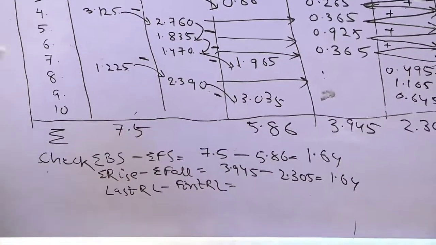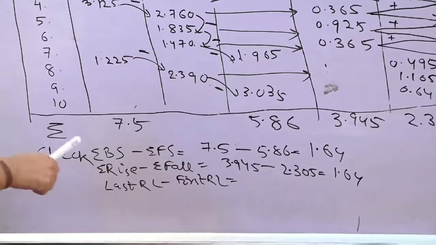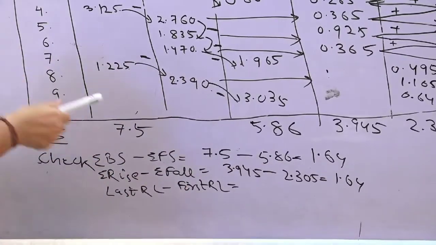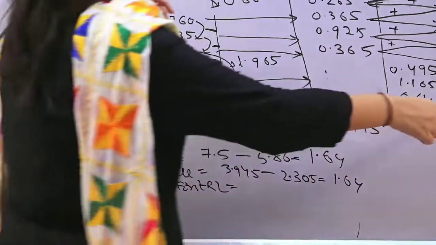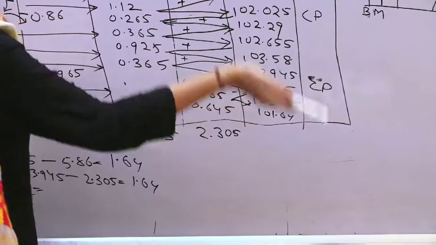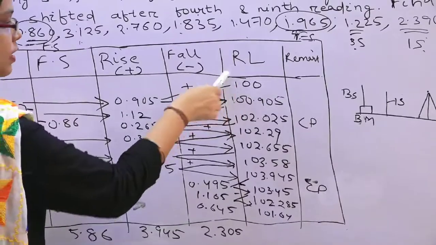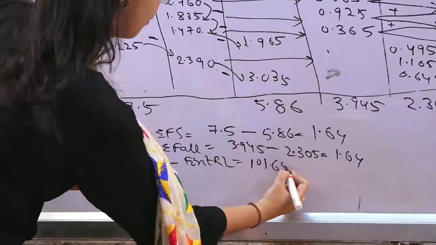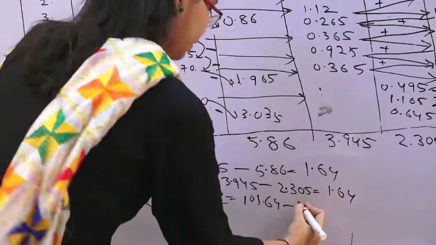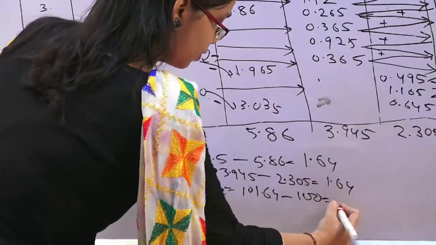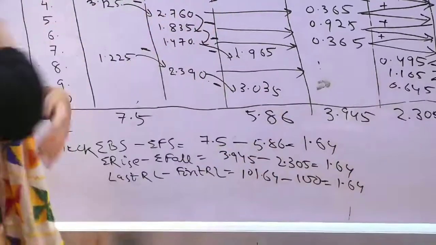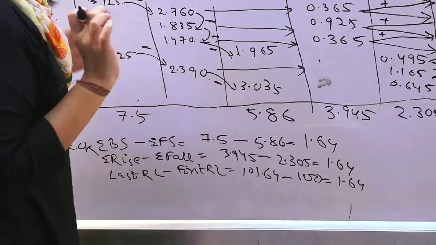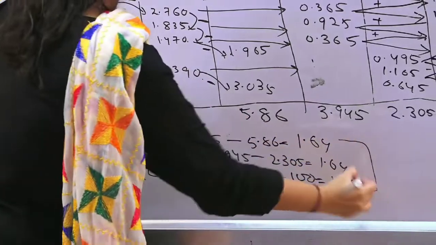And lastly we check the last reduced level minus the first reduced level. The last reduced level is 101.64 and the first reduced level is 100. 101.64 minus 100 equals 1.64. So our problem is correct because all three values are similar.